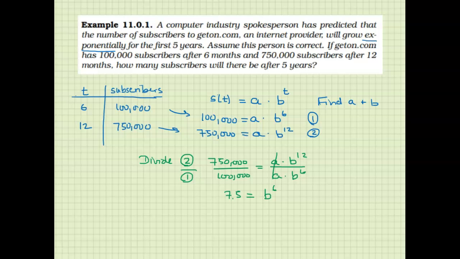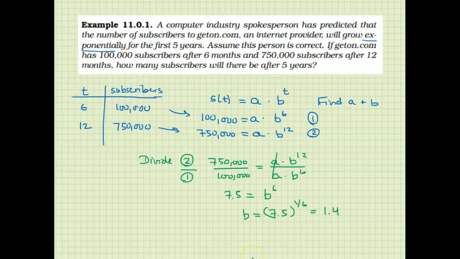This will help us figure out our b. So b equals 7.5 to the power 1 over 6. Let's do that calculation. This is approximately 1.4. That finds our b.